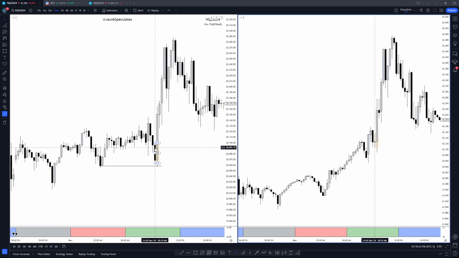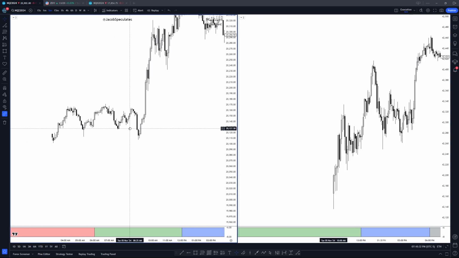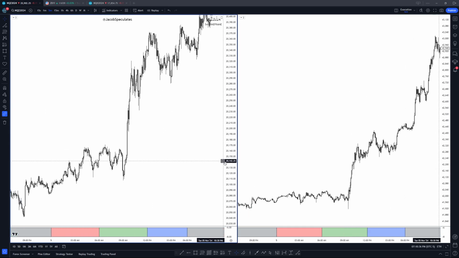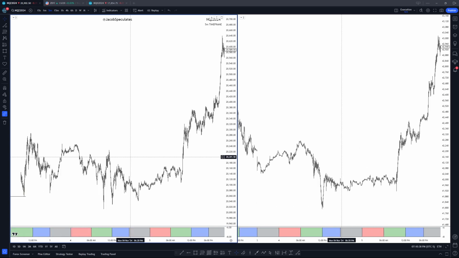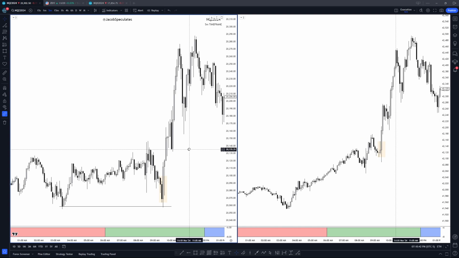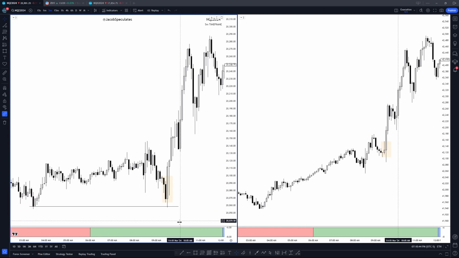I just call it TPD because combine the both of them, you get the same thing. If we drop down to the 15-minute chart, you see that formation. So market maker model, have that original consolidation.